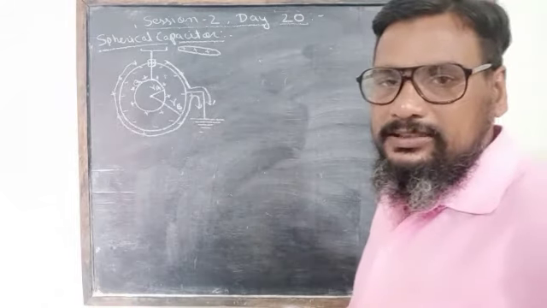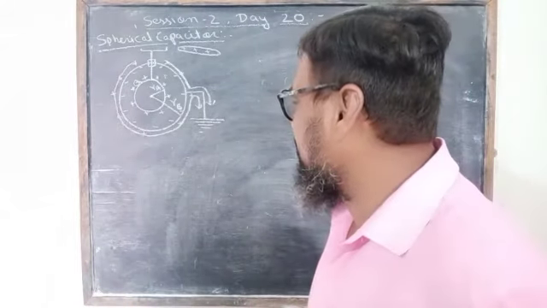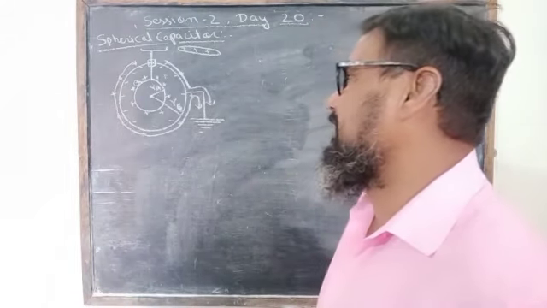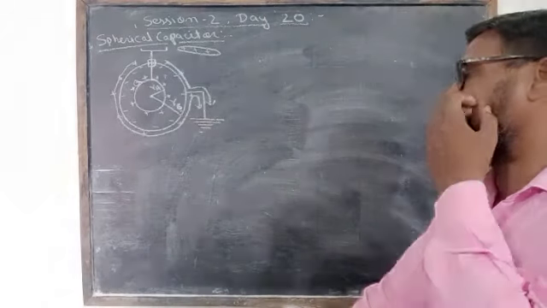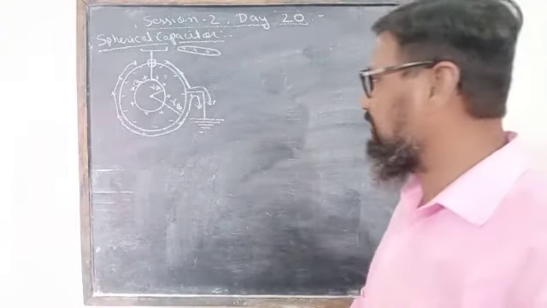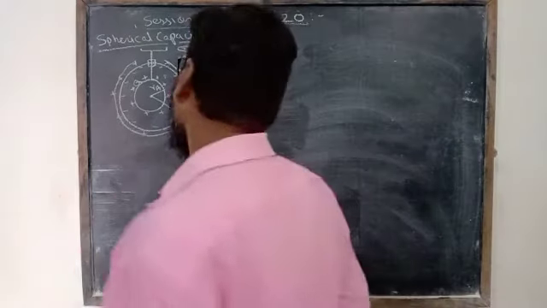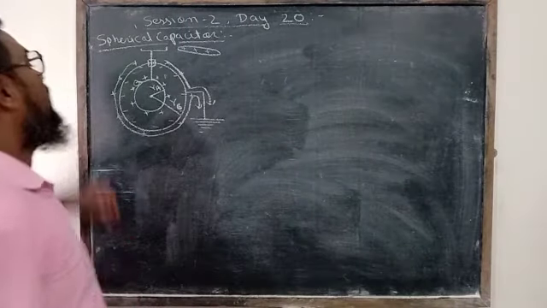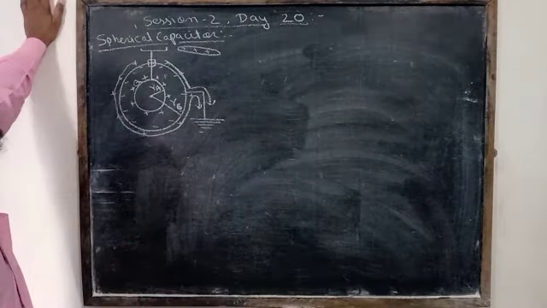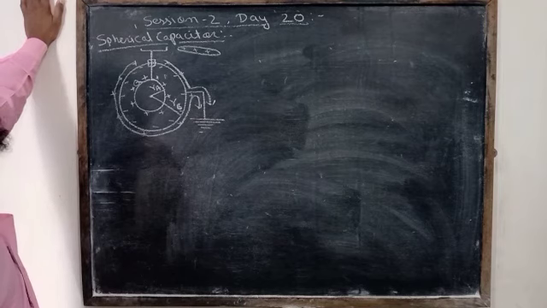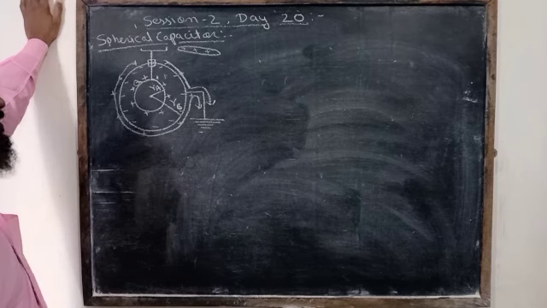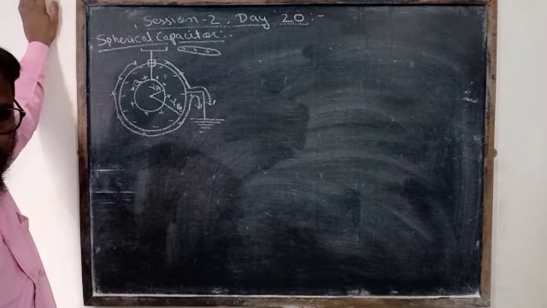By the process of induction, minus Q and plus Q charges are induced at the inner and outer surfaces of the outer sphere. Now on providing earthing to the outer sphere, the plus Q charge of its outer surface goes to the earth, and in this manner we obtain a spherical capacitor.